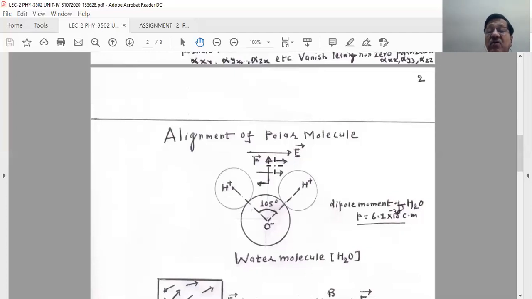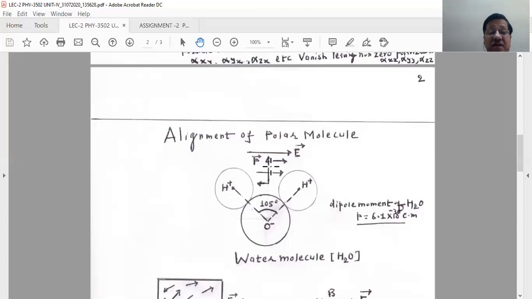So we want to calculate the torque experienced by that molecule. Once it experiences a torque, there is a rotation of the molecule, and your vector P will align in such a manner that it will be parallel to the electric field.